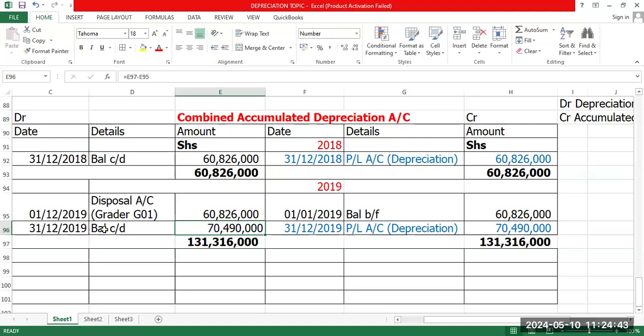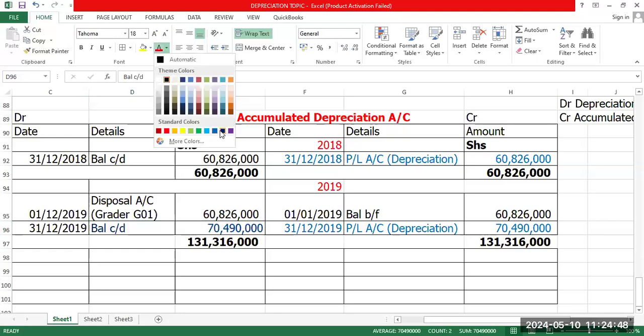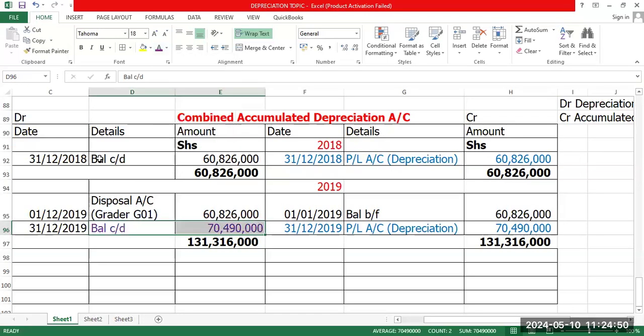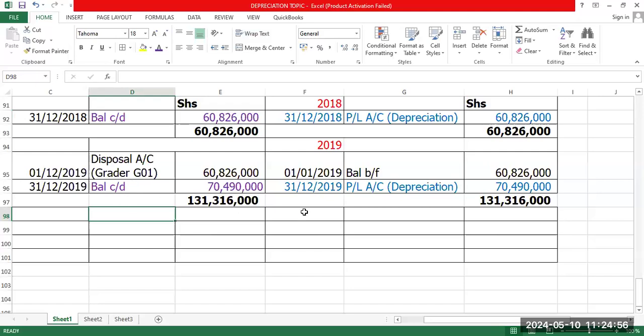That's what I have. Then next, we are starting 2020 when we have the balance brought forward of this amount.